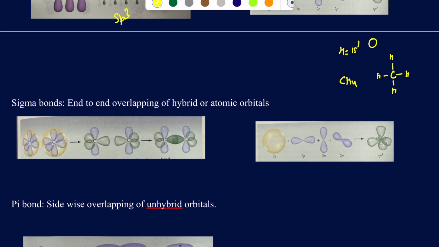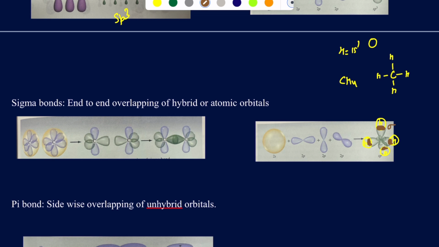So I have these four sp3 hybrid orbitals from the carbon. And then from the hydrogen, I'm going to be getting this s orbital that's going to be overlapping end to end here. So these are your four hydrogens that are going to be overlapping. And this overlapping region right there is where you have the electrons shared, and this is where you're making the sigma bond.